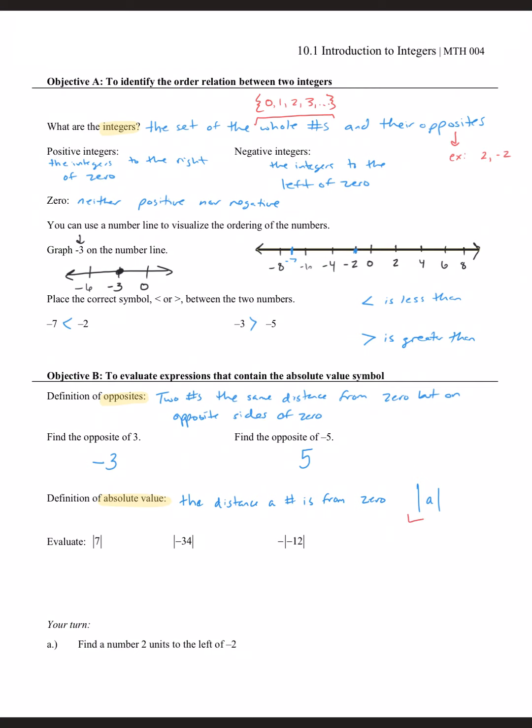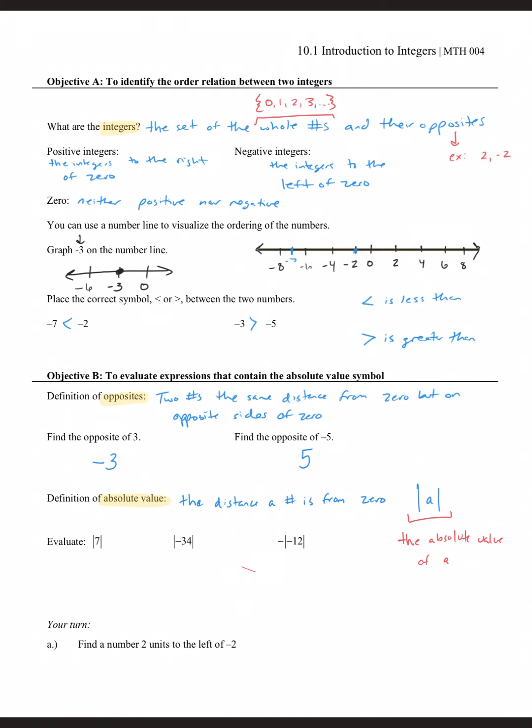So we would read this as the absolute value of A. So it's asking us, how far away from zero is A? And if A was a number, then we'd be able to answer it.